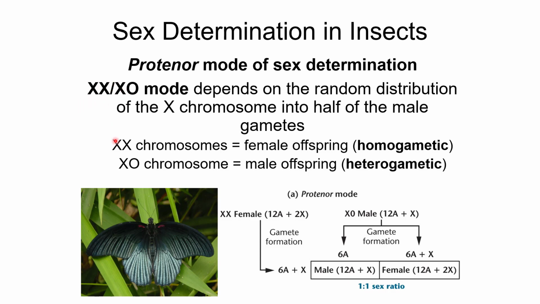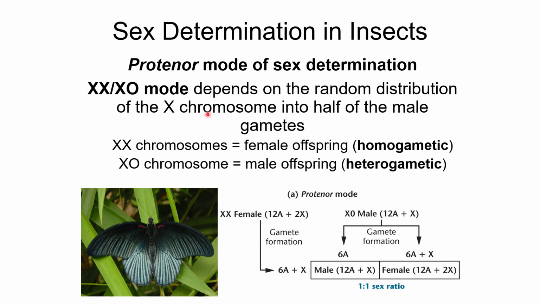meaning one sex is homogametic. They have two copies of a sex chromosome. And in the other sex, in this case the males, they're heterogametic, meaning they have one copy of a sex chromosome. So homo, same, hetero, different.